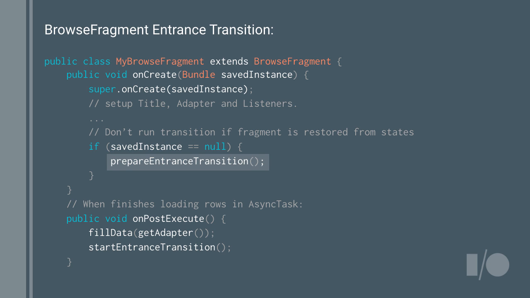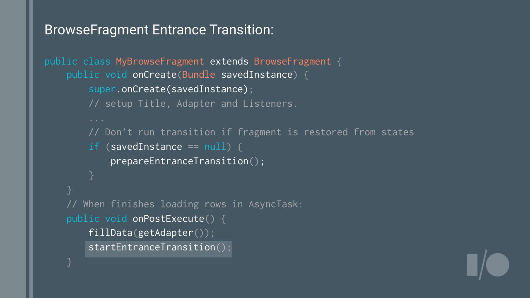The next step, once your app loads all your data, you call startEntranceTransition. This is a signal that tells BrowseFragment that all my data is ready. Now you can start the animation. If you are just using the classical BrowseFragment, displaying a list of rows, all you need to know is the prepareEntranceTransition and startEntranceTransition calls.